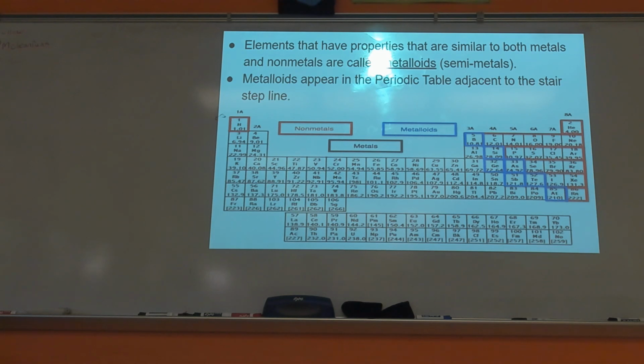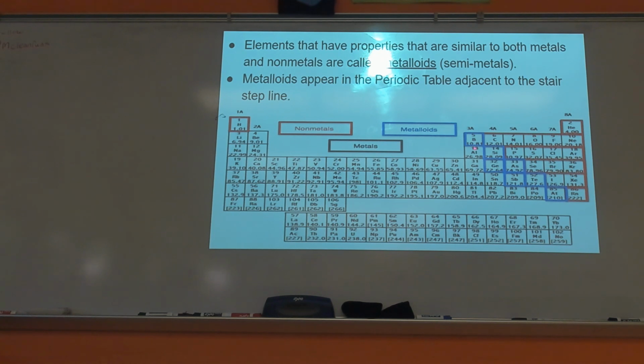Okay, now metalloids. I mentioned earlier that you have elements that are in between metals and nonmetals. Those are going to be the metalloids. Sometimes they're called semi-metals, like they're in between. They're harder to identify in the periodic table.